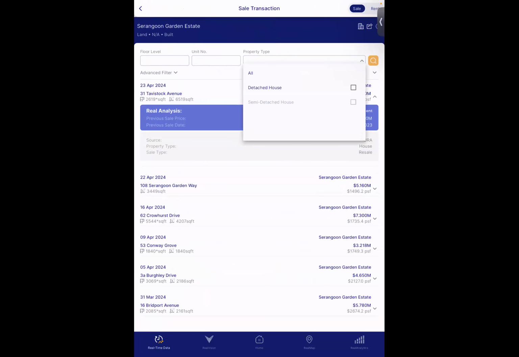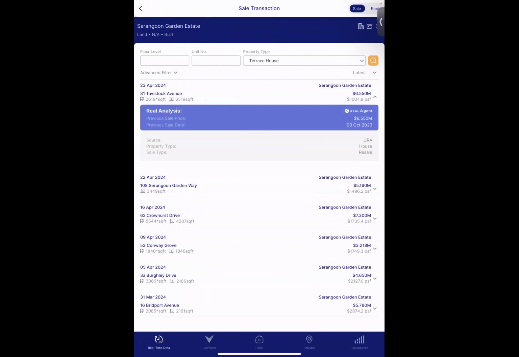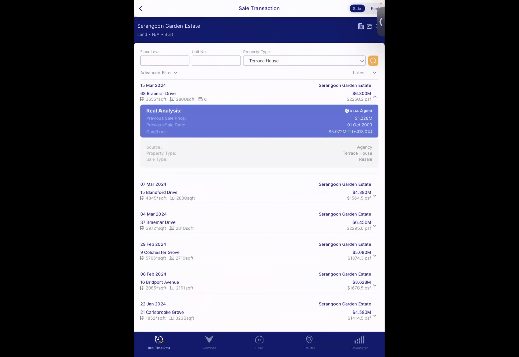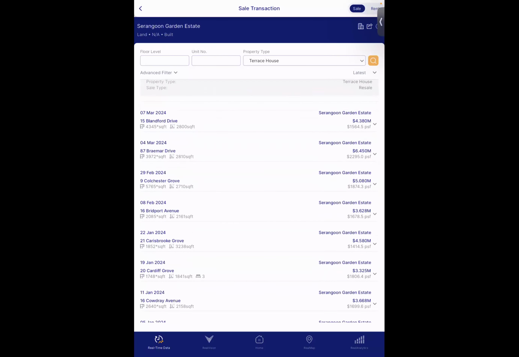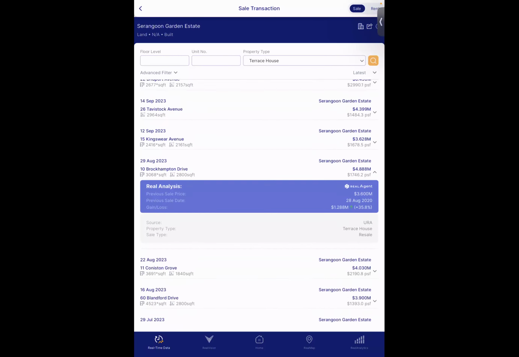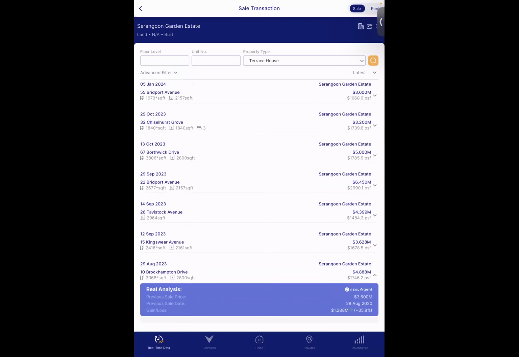So under property type, you can select if you're looking at only detached, semi-D, or terrace. Let's say I look at terrace, I search. So it only shows me all the terrace houses. Same thing, with unit number means it's from the agencies. Oh, sorry, for landed, URA also gives you the unit number.